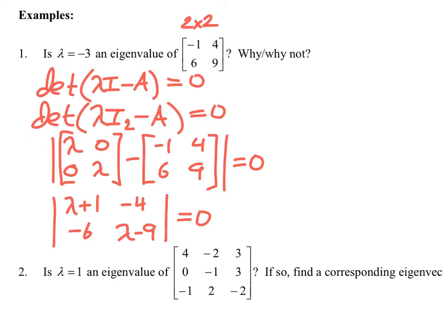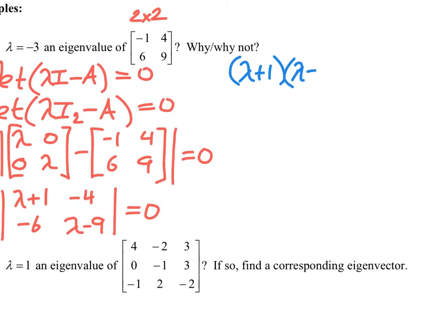Good question. All right, so lambda plus 1 times lambda minus 9. We start off with the 2 by 2 because it's easy to find the determinant. Now you could also see how this is not really much of a calculator type question because, I mean, just look at it.